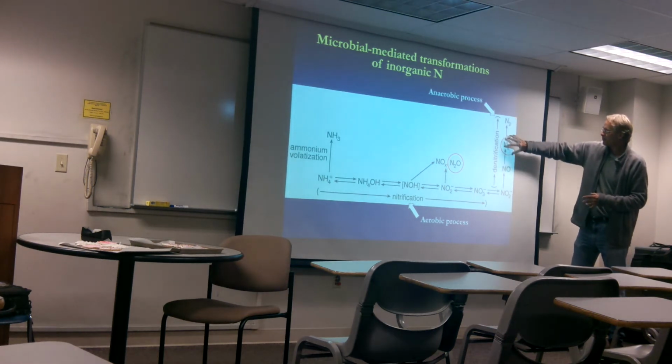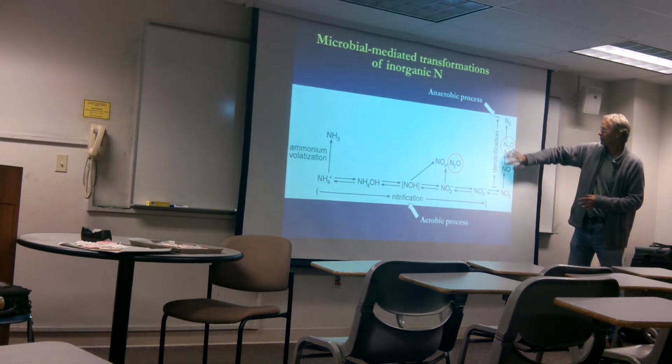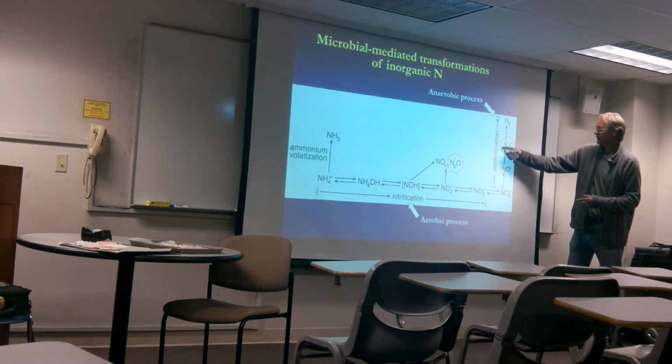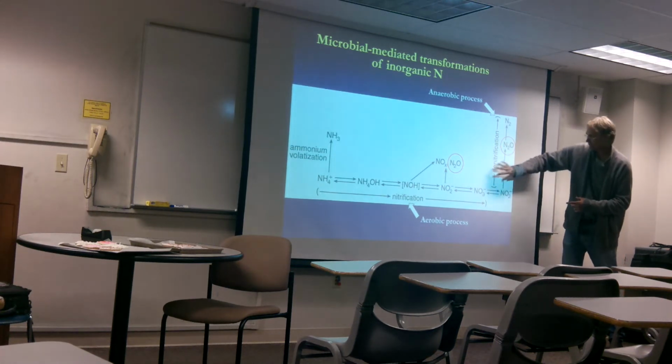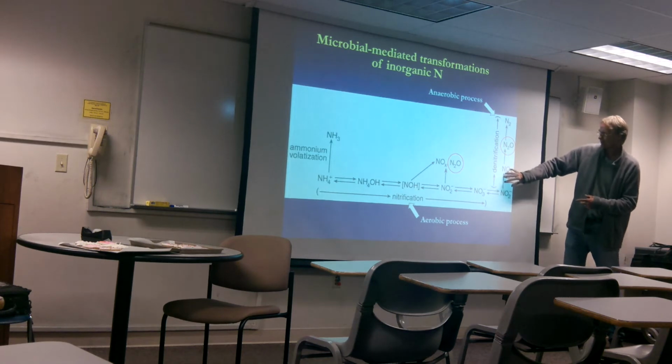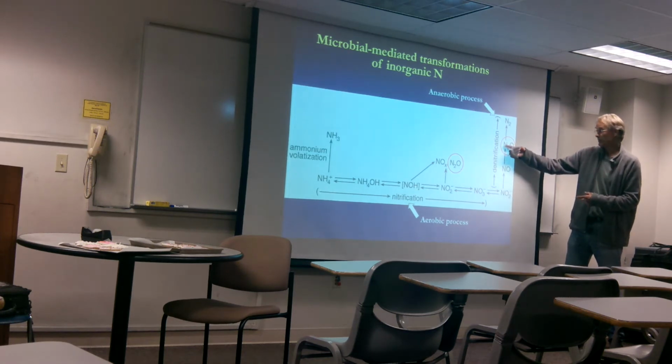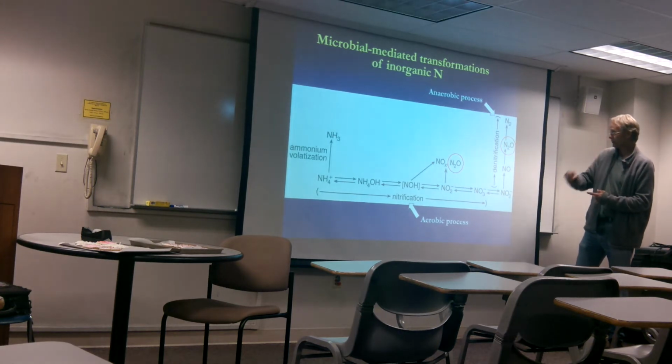But in most soils, you get diffusion out of the soil before that, and there are usually these other electron acceptors, if there's still some of those in the system, that are more attractive than N2O. N2O can be used as an electron acceptor, but is sort of the last choice, if you will.